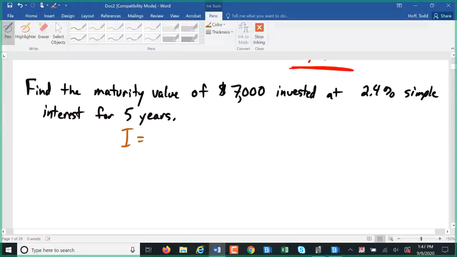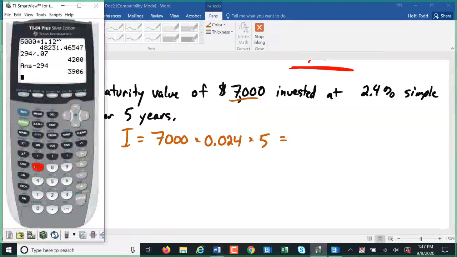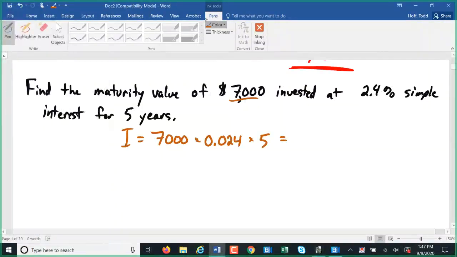So I equals PRT, the principal, 7,000. Our rate, 2.4% becomes 0.024. And our time is 5 years. 7,000 times 0.024 is $840 in interest.